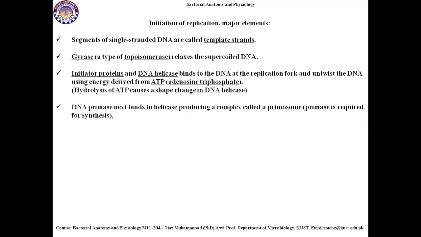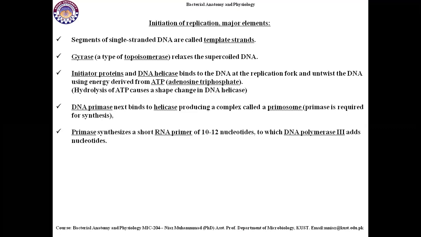DNA primase next, what will come? DNA primase next binds to helicase, producing a complex called primosome. Primase is required for synthesis. So primase synthesizes a short RNA primer ranging from 10 to 12 nucleotides, to which DNA polymerase 3 adds nucleotides.